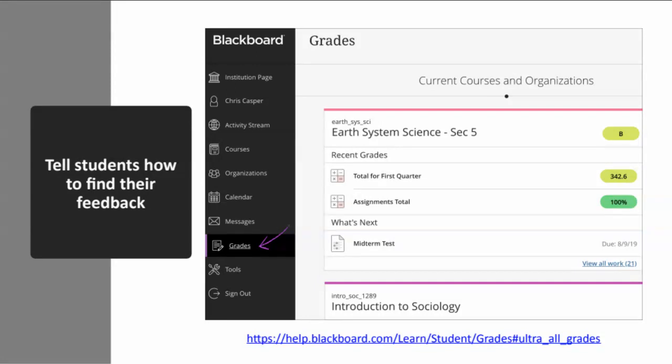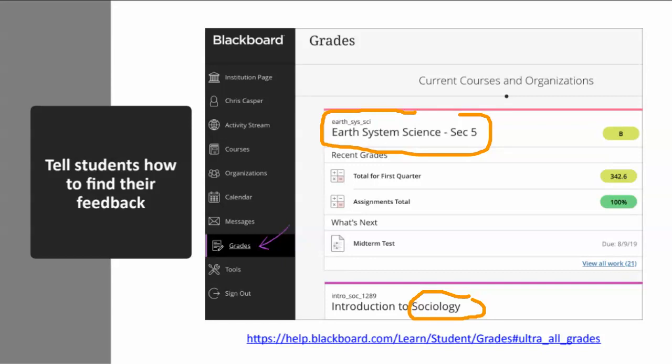They can go to that, and they can see all of their courses and their grades for all of those courses. This one has earth science, and then they have sociology down here. And if you keep scrolling, they're going to have their other courses. That's a quick way for students to be able to keep up with their grades.